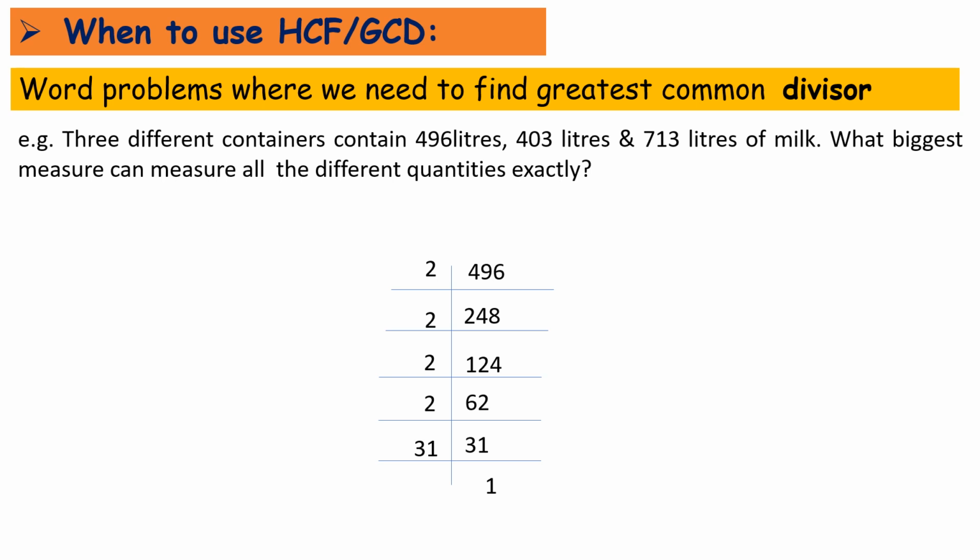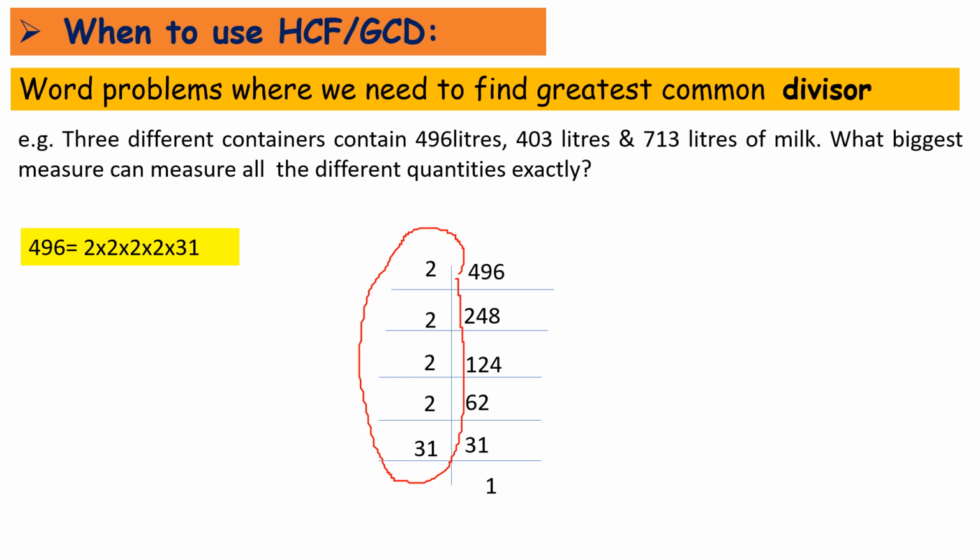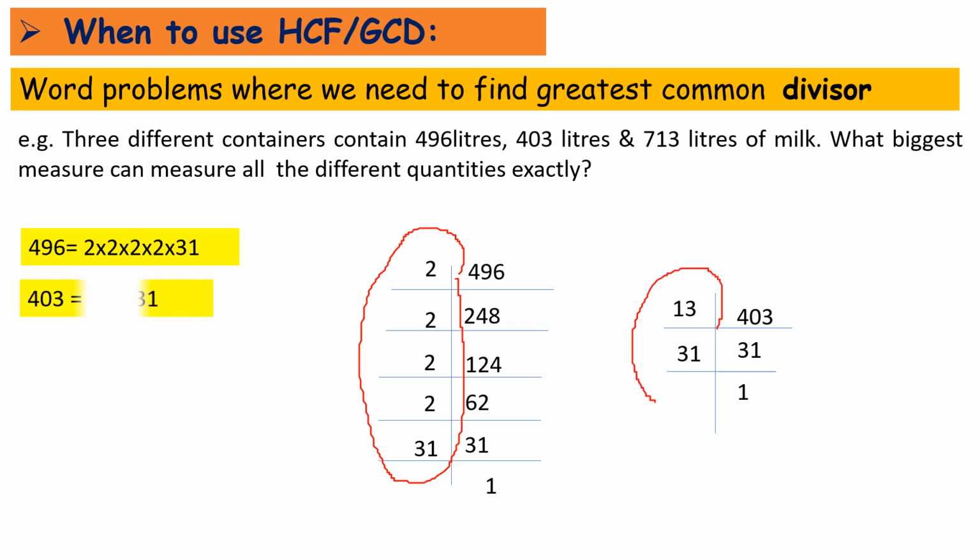So we'll write down the factors of 496 like this. Now next is 403. We need to find the factors of 403. We'll start with 13: 13 times 31, and then 31 is a prime number, so 31 times 1. So the factors of 403 are 13 and 31.